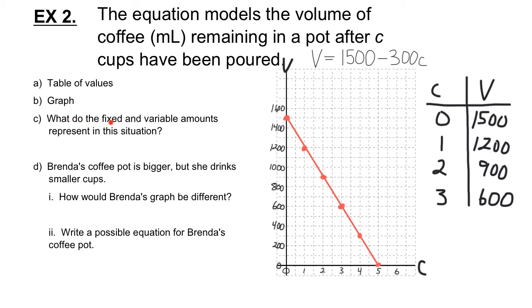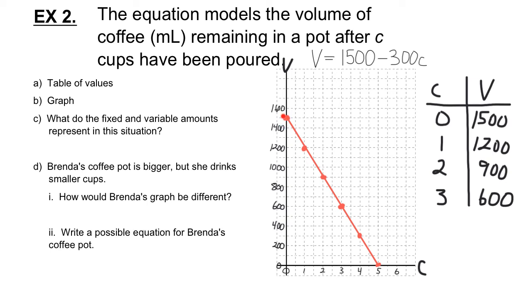So what do the fixed and variable amounts represent in this situation? Well, here's the fixed amount. Here's the variable amount. So what do those represent? Well, this is our starting value. It starts at 1,500. So that means when 0 cups have been poured, the volume in the coffee pot is 1,500 milliliters.